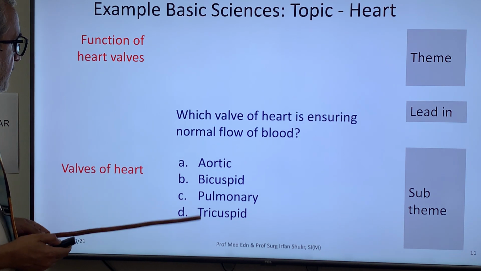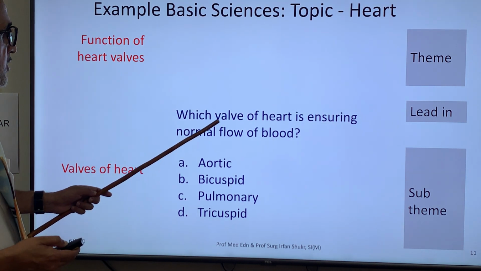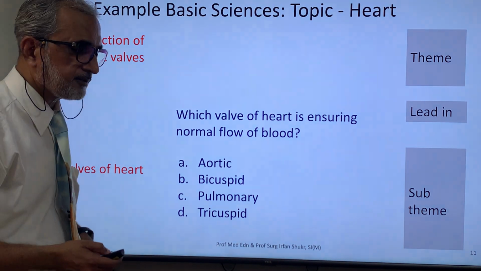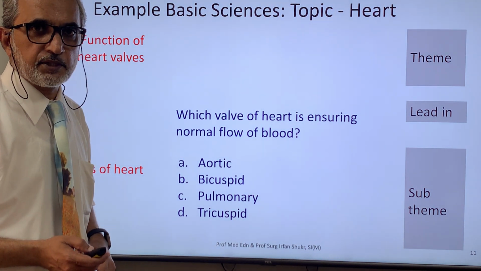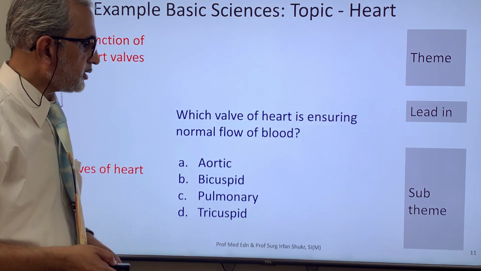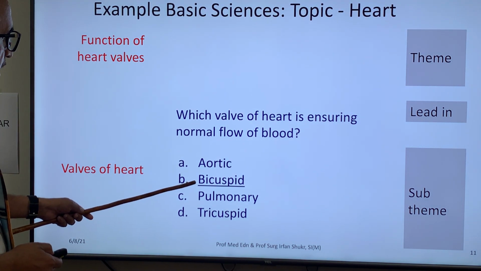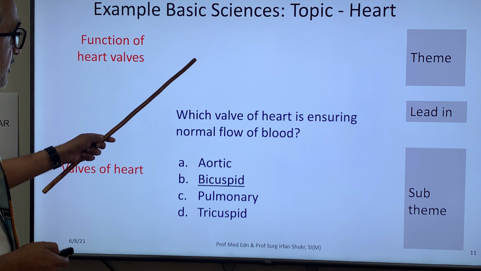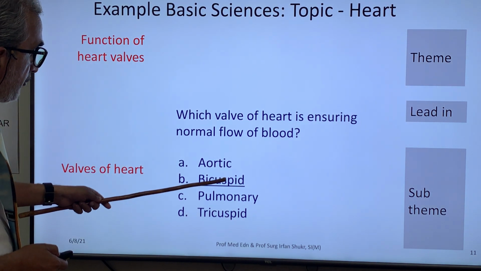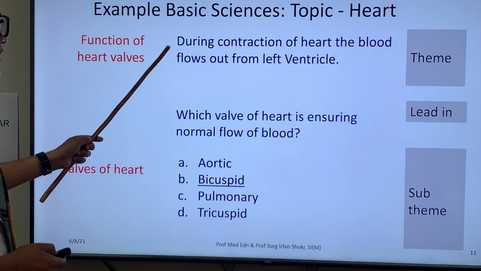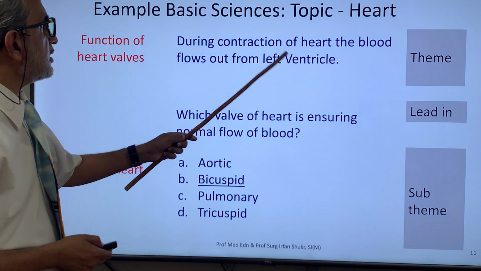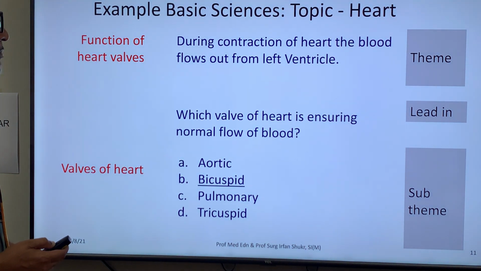So the question could be, which valve of the heart is ensuring normal flow of blood? After doing this, I have to choose only one. Let me choose bicuspid. And keeping this in mind, I am going to write a statement which fits only into this. Like, during contraction of the heart, the blood flows out from the left ventricle.